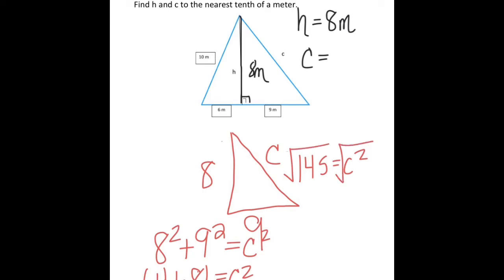Using a calculator, I find out that the square root of 145 to the nearest tenth is about 12.0, because it's 12.04. So 12 meters.